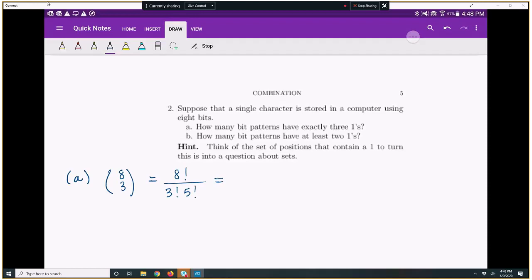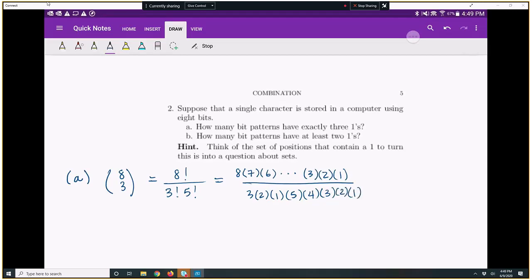Now on top we know 8 times 7 times 6 and so on till we get to 3, 2, 1. And here we have 3 times 2 times 1 times 5, 4, 3, 2, and 1.